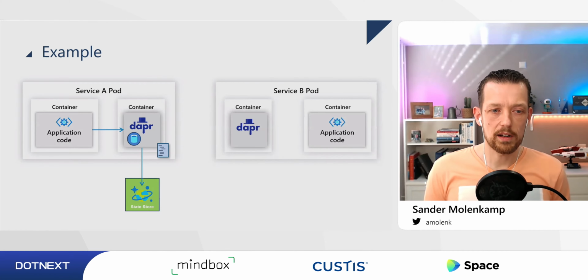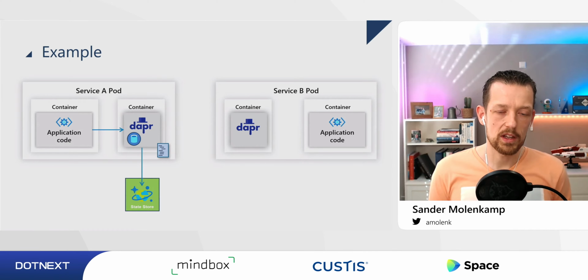So let's look at another example. Let's say this Service A needs to call a Service B. So how does that work? Well, instead of directly calling the Service B application, Service A will make a call to its local sidecar, and it will tell its local sidecar, please call this other service on my behalf.